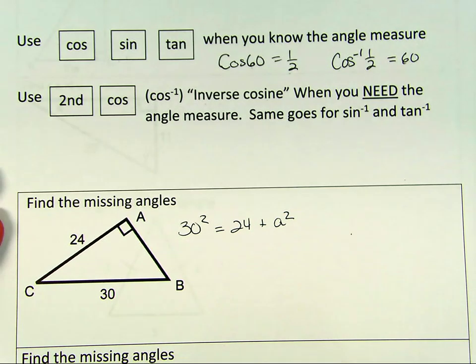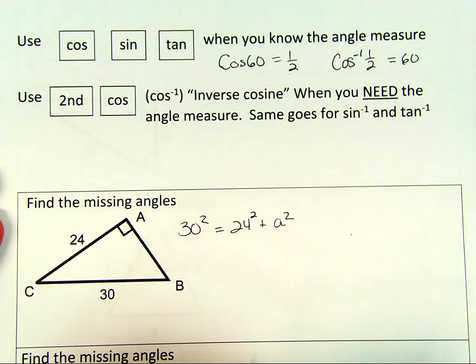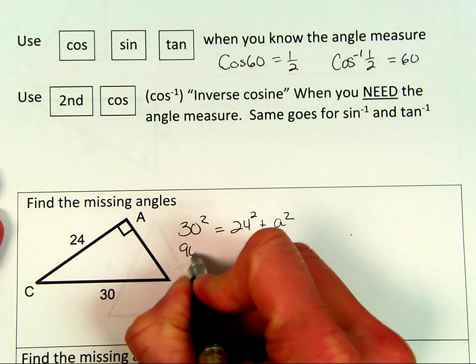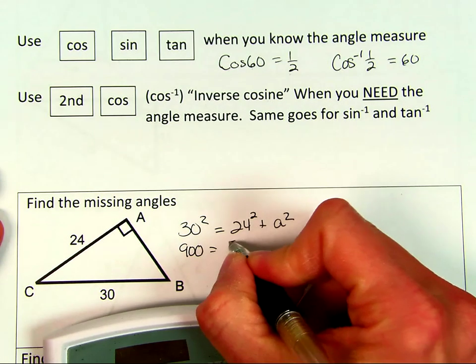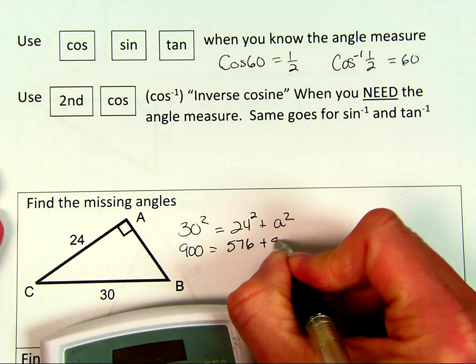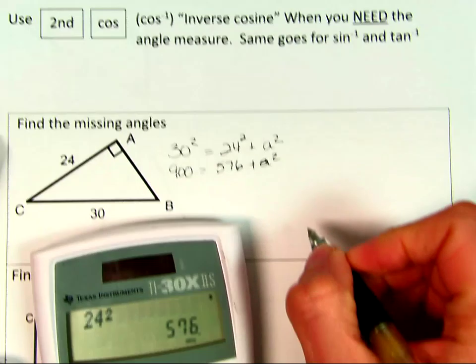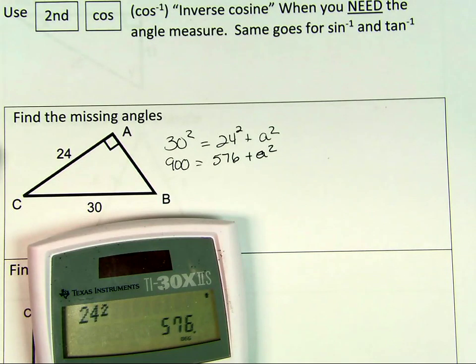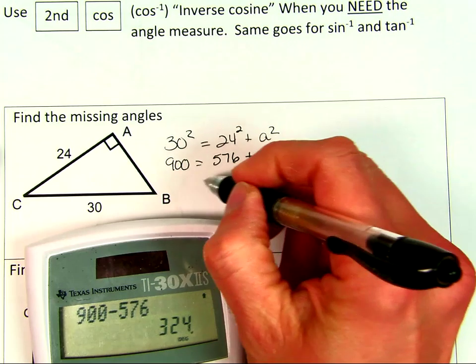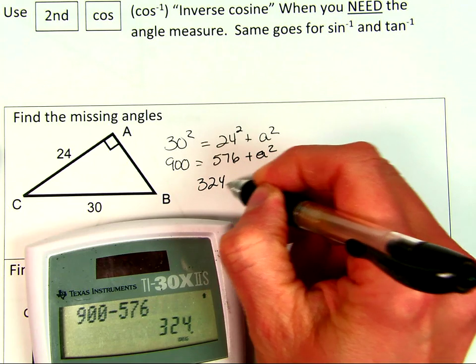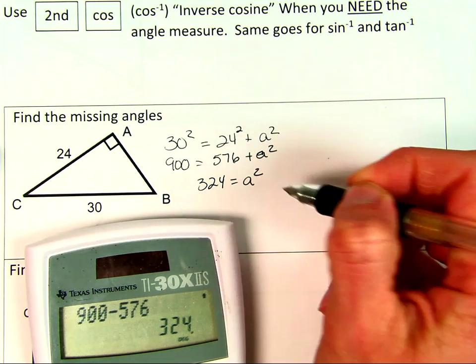We'll just call it a squared. So that's 900. What's 24 squared? 24 squared is 576. And so I'm going to take 900 minus 576, and I get 324. So 324 equals a squared.